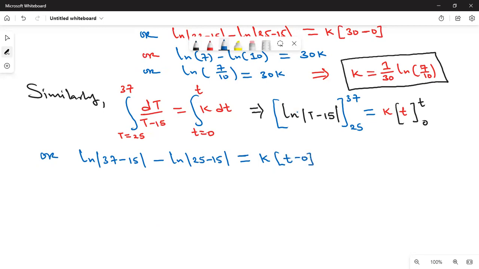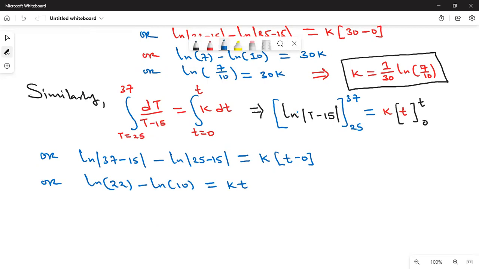And you know the value of k. Remember, we need to determine time t. So this can also be written as log of 37 minus 15, which is 22, so log of 22, minus log of 25 minus 15, that is 10. So this is log of 22 over 10 equals kt.